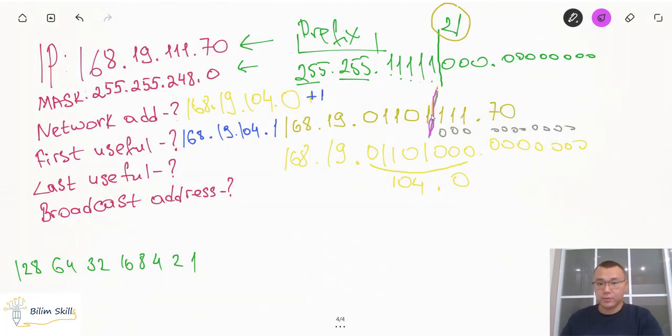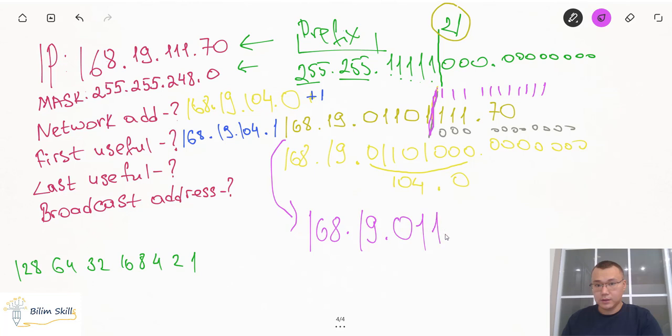We've identified our prefix as 21, so after the slash you make all the numbers 1. Here we work with this IP address, which stays as it is, and after the slash it is all ones.